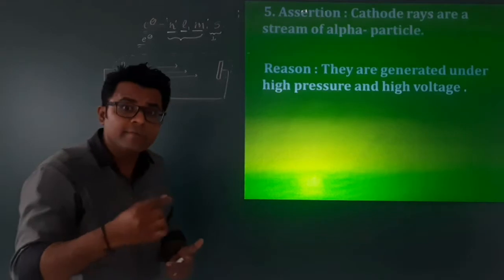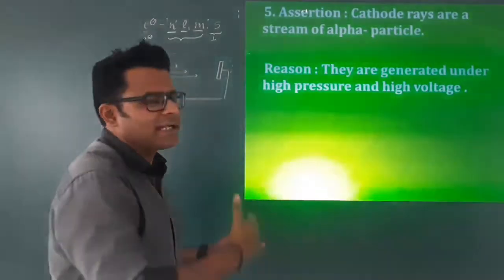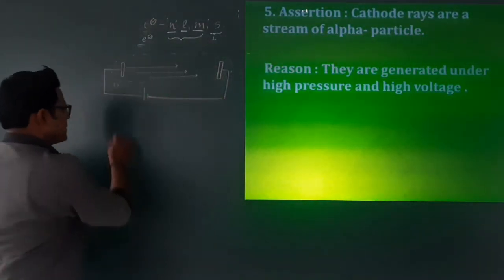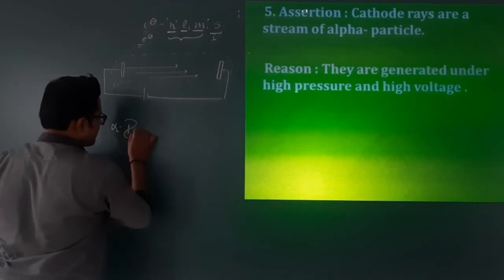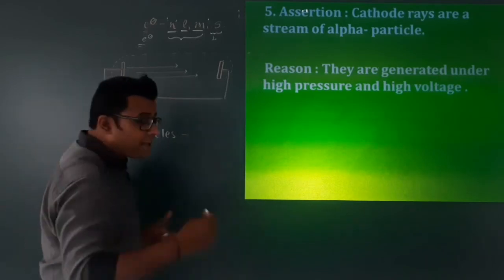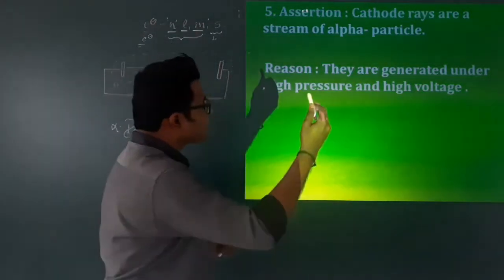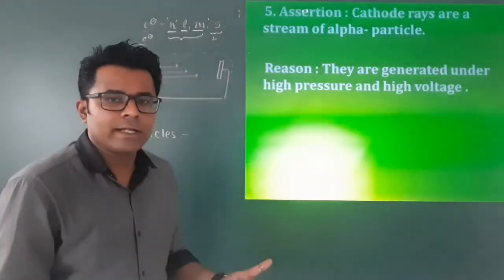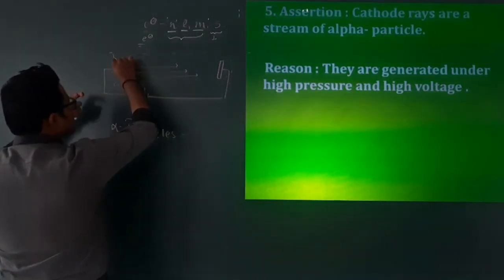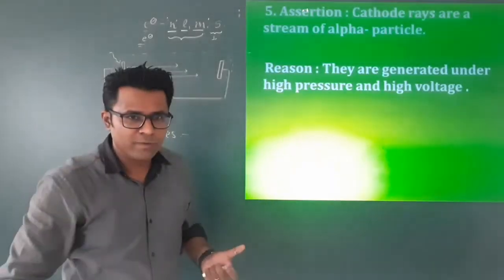They were negatively charged particles, almost like electrons, or you can call them electronic species itself, while alpha particles are actually doubly ionized helium particles. Therefore, we cannot say that cathode rays are positively charged. Cathode rays are negatively charged particles which occur from the cathode side in the discharge tube. So the assertion is not correct.